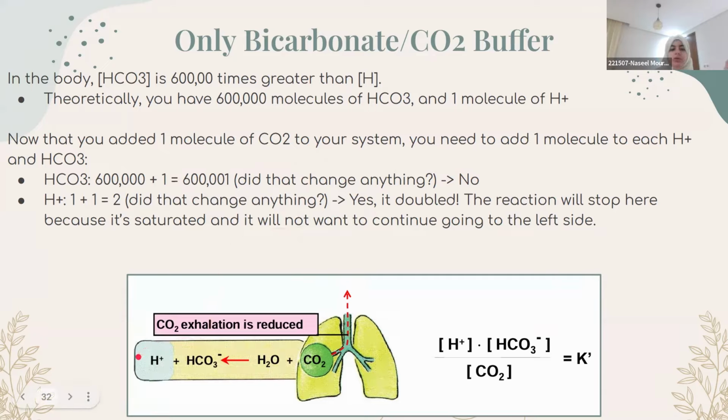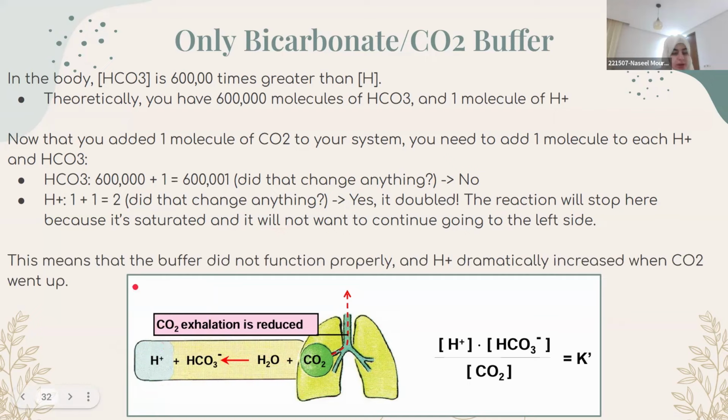And now, let's say you doubled the hydrogen now. So from chemistry, if you guys remember, if you have a lot of products, the reaction becomes what we call saturated, and it will not want to continue producing more, right? So this means that your buffer did not work properly. Why? Because you had a dramatic increase in hydrogen when the carbon dioxide went up.